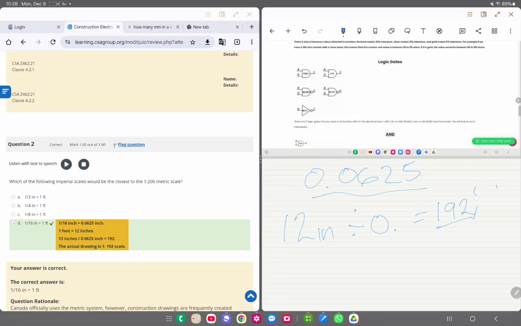So 192 is actually very close to 1 to 200. So you could see how the scales are very close. So 192 to 200. So the metric scale of 1 to 200 is the equivalent or closest to 1 in 16.